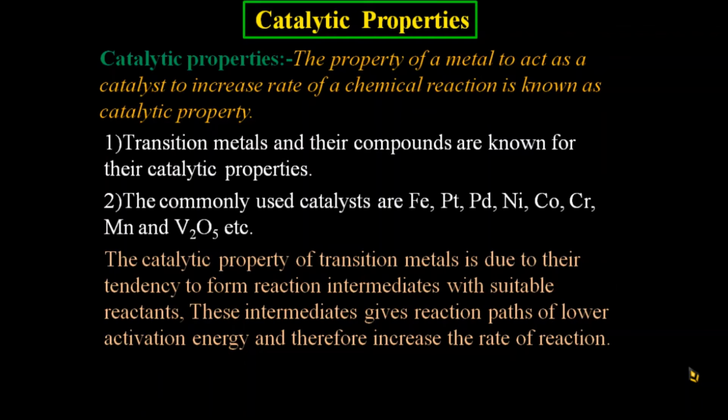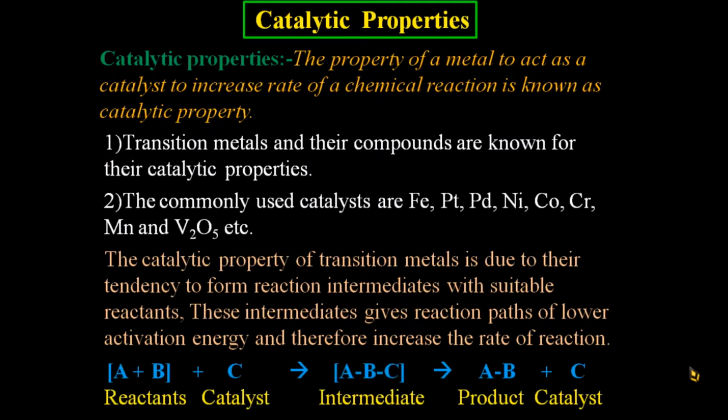Then there is a stage at which the reactants are on the catalyst, and sometimes the products which are formed are also bonded with the catalyst. That means the reaction takes place in the presence of, on the surface of, a catalyst. For example, let A and B be reactants.